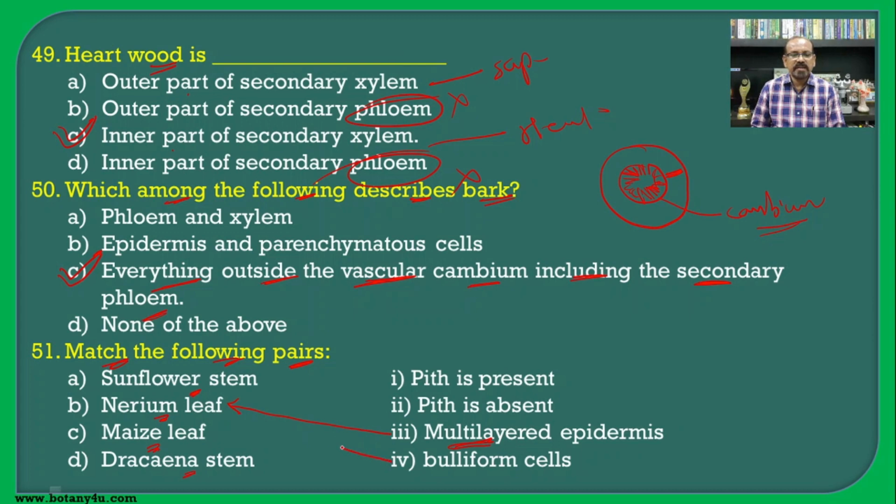Bulliform cell is a characteristic of the monocot leaf, which is the maize leaf. Then pith is present in the dicot stem, that is the sunflower, and pith is absent in the monocot stem as the vascular bundles are scattered, and hence they are correctly paired.